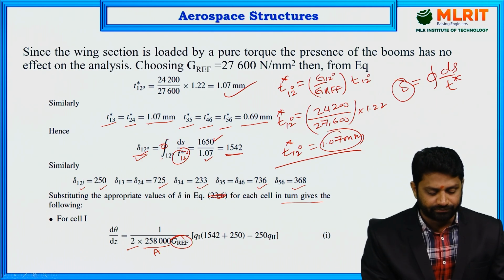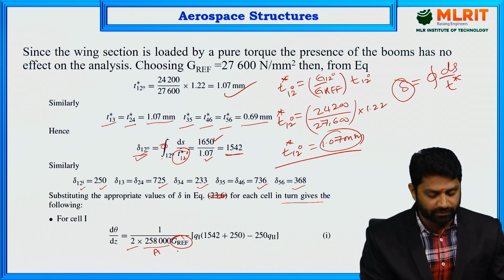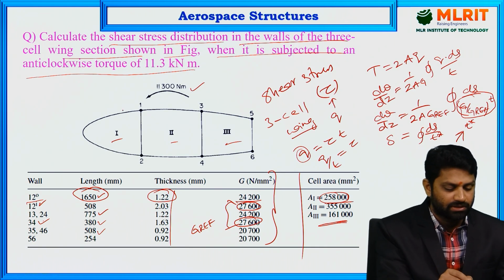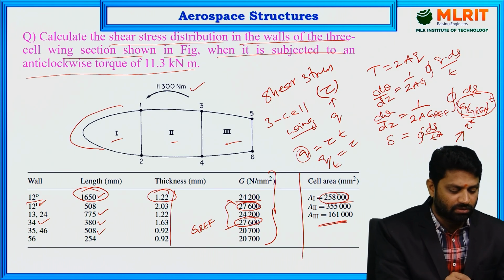Then if you look at the shear flows for cell 1, there is one outer wall. Let's consider Q1 as the shear flow.